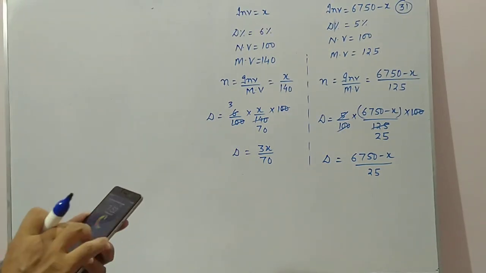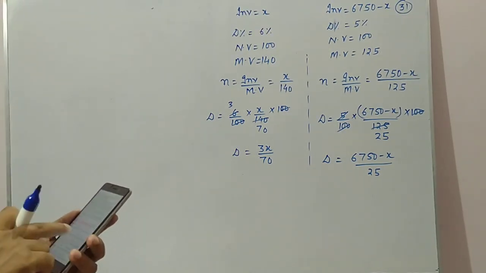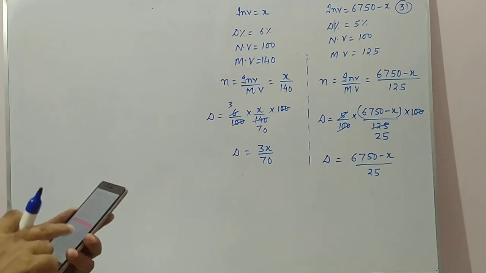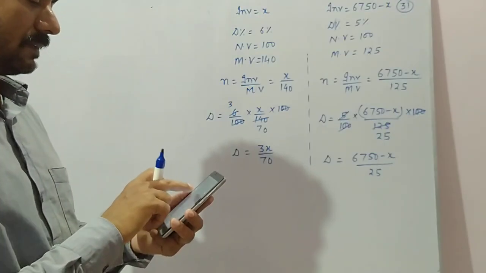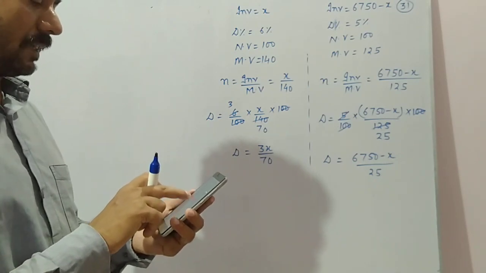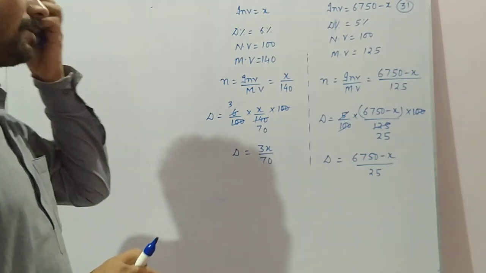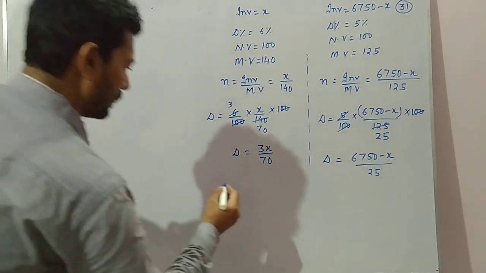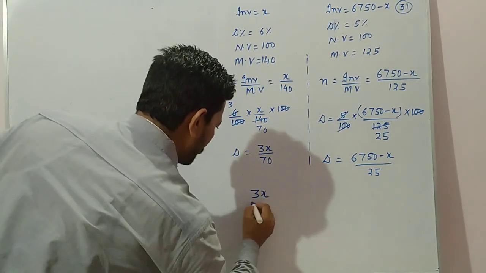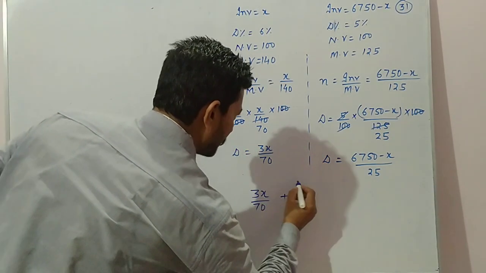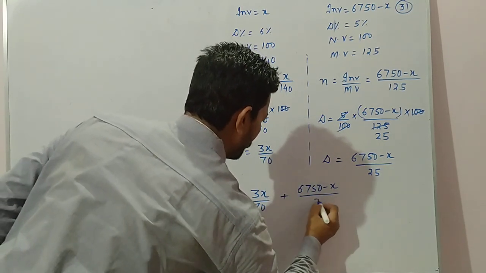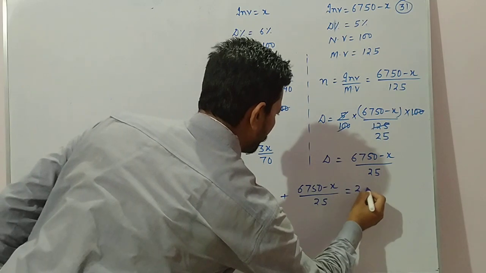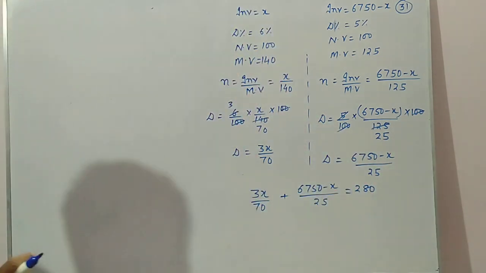Now it is given that, see here, a man invests 6,750, partly in 6% shares at 140 and partly in 5% shares at 125. If his total income from the shares is 280, that means what? 3x by 70 plus 6,750 minus x by 25 equal to 280.